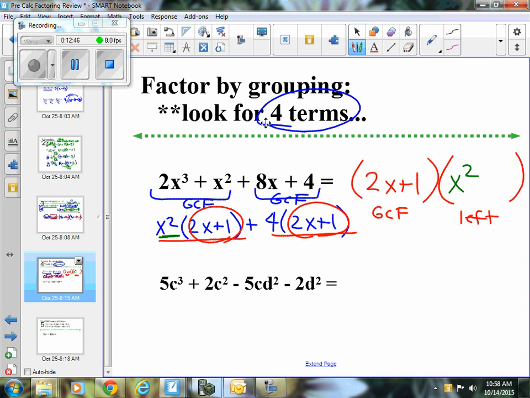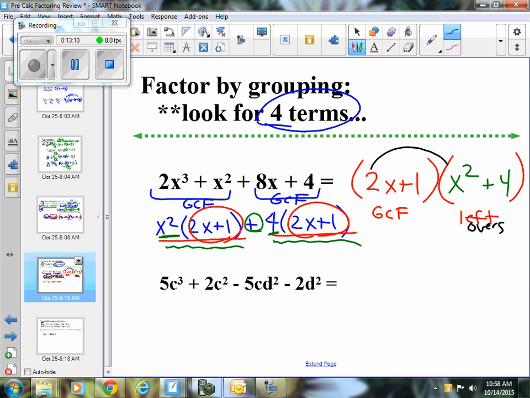In other words, to recreate this first term, you would have to take 2x plus 1 times x squared. All right, now what's left in the second one? If I pull out the 2x plus 1, well, it would be a 4, and the sign in between is plus, so plus 4. So if you look at what you end up with, you end up factoring by grouping into 2 binomials.